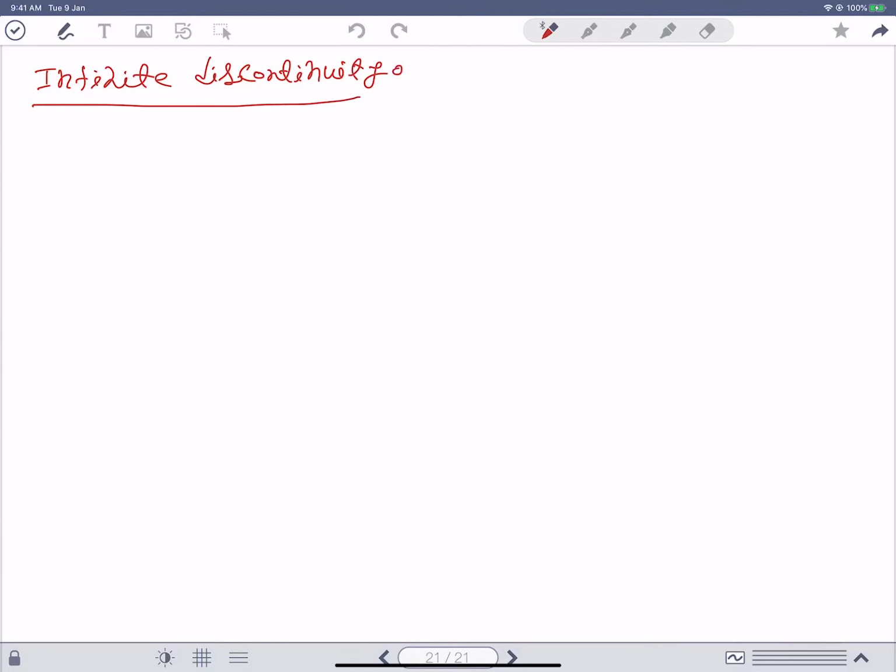This is actually a part of essential discontinuity. Okay. Now, let f: D to R be a function and a belongs to D, right?